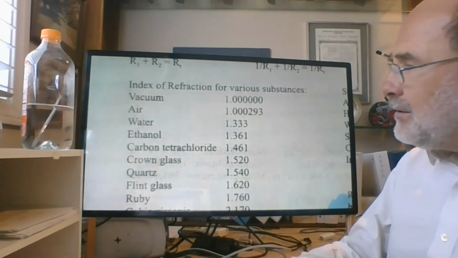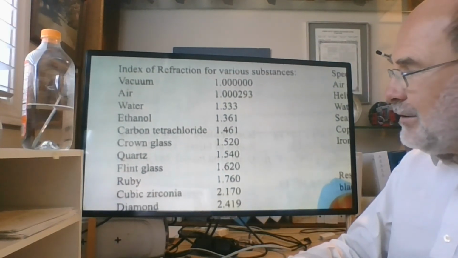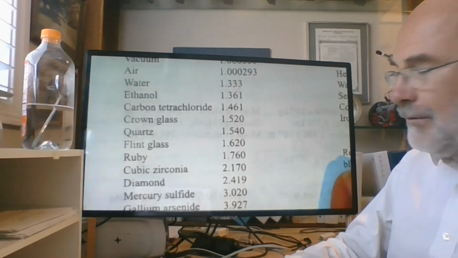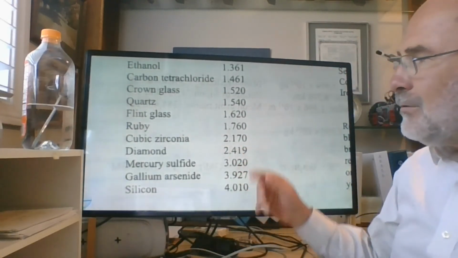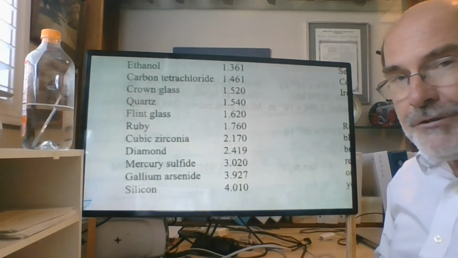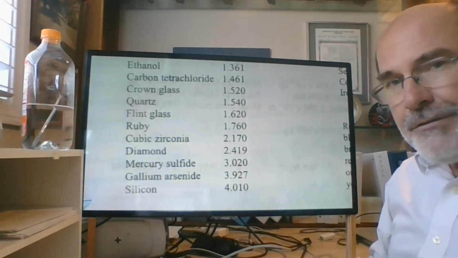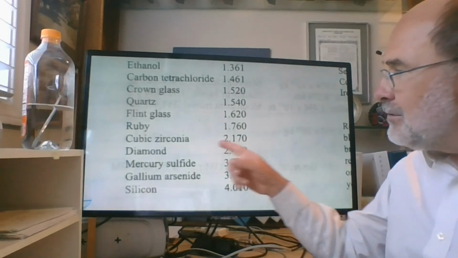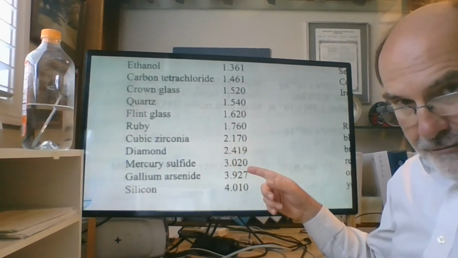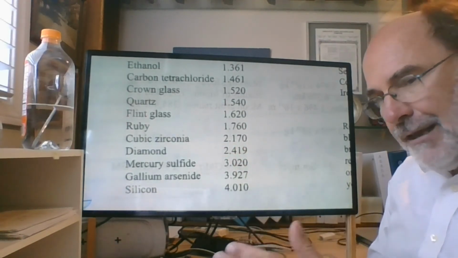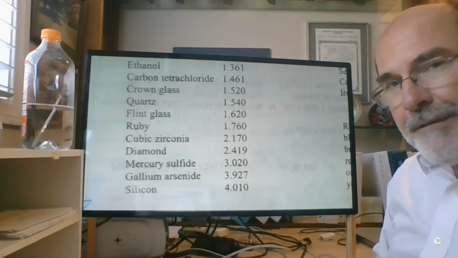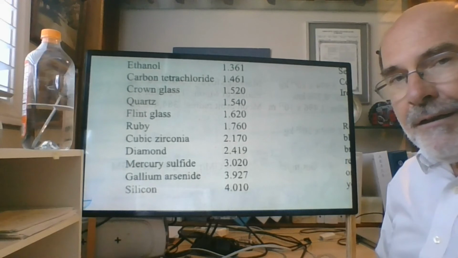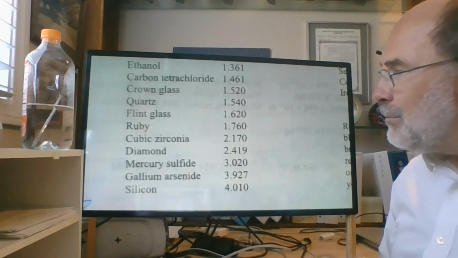And these are basically sorted in order of increasing index of refraction. One of the reasons why diamonds sparkle so much is because the light that goes into it from the air is strongly bent and reflects inside the diamond before it can escape and come out and twinkle in your eye.